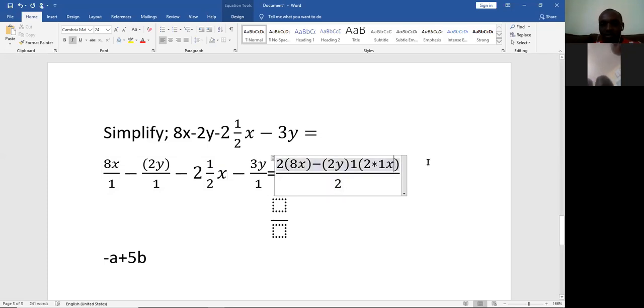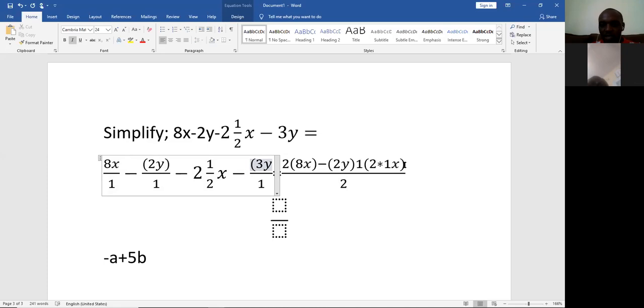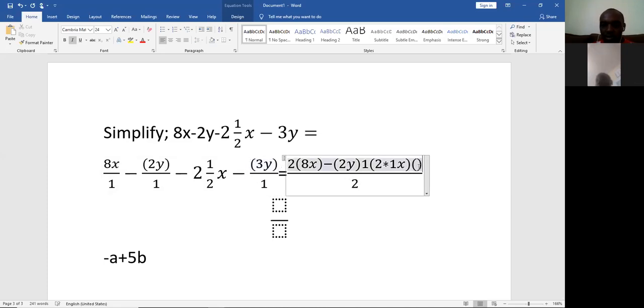It will be like that. And then finally I have 2 divided by 1, which is 2. So I come here and I put this bracket here.